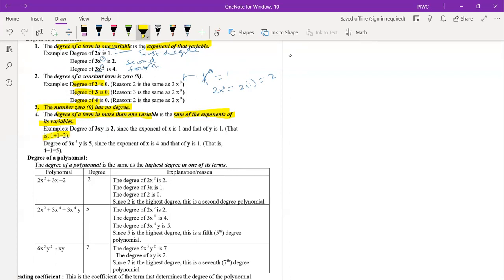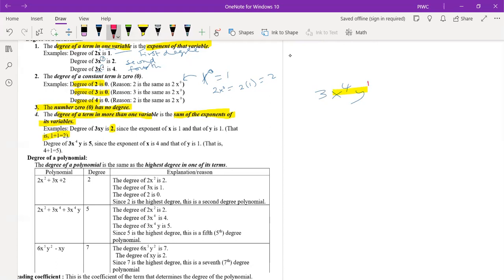So it's a second degree polynomial. Okay. What about the degree of 3x to the power 4 y? So you have 3, x to the 4, and y. We have two variables here. So because you have two variables here, then you add up the exponents, right? So we have 4, and invisible 1 for y.